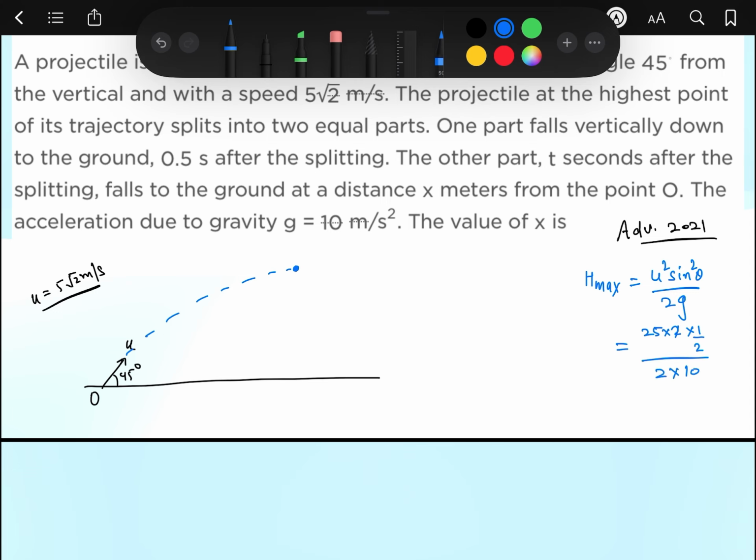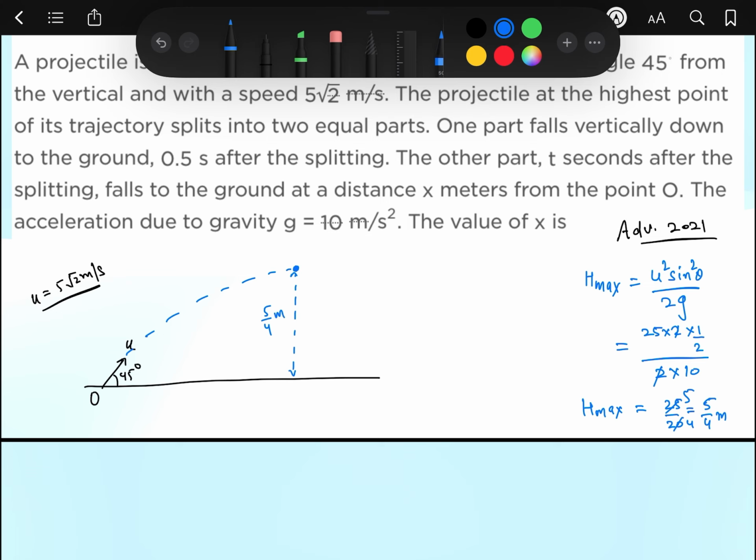Here 2 will be cancelled out and h max is equal to 25 divided by 20, that is 5 by 4 meter. So here we are getting this is the h max, that is equal to 5 by 4 meter.